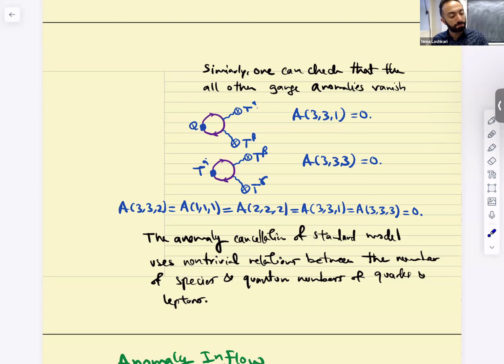Any other questions? The central extension. So we discussed this in QFT1, and I will discuss this again in the next couple of weeks. It's a statement about representation.